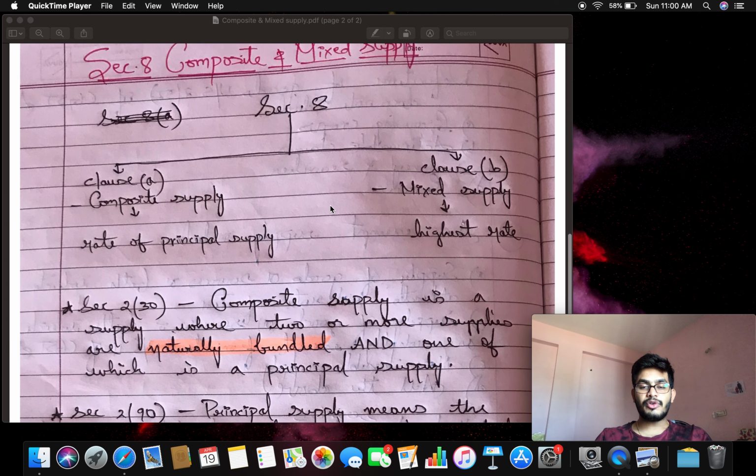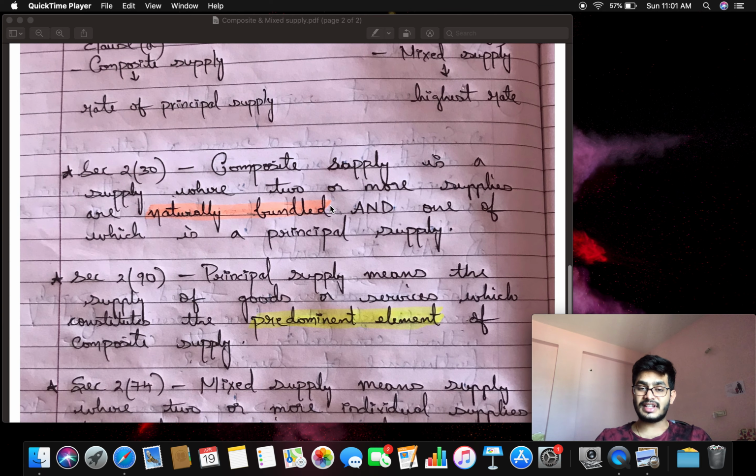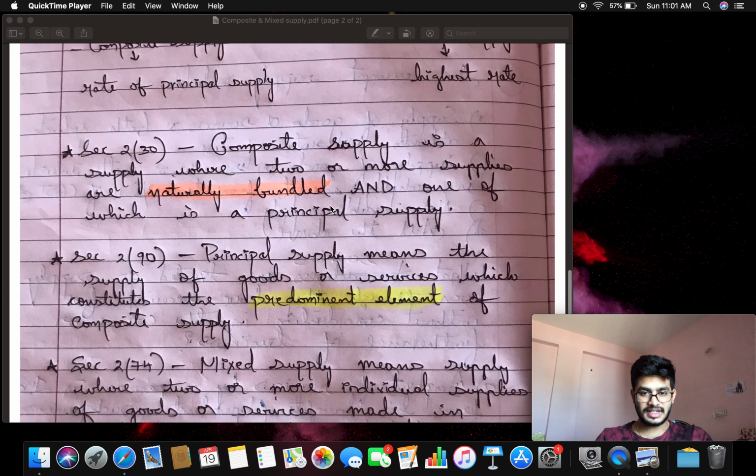For example, if you buy a grinder, the jars will come along with it. The grinder is taxable. You have to identify whether those things are naturally bundled. They are naturally bundled, meaning a large number of people expect such supplies to be provided together in a package. That is composite supply.